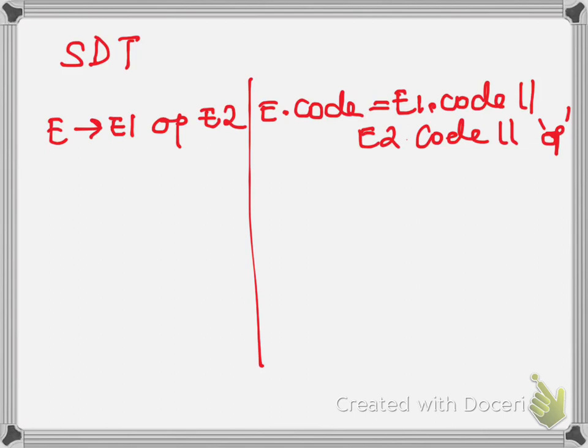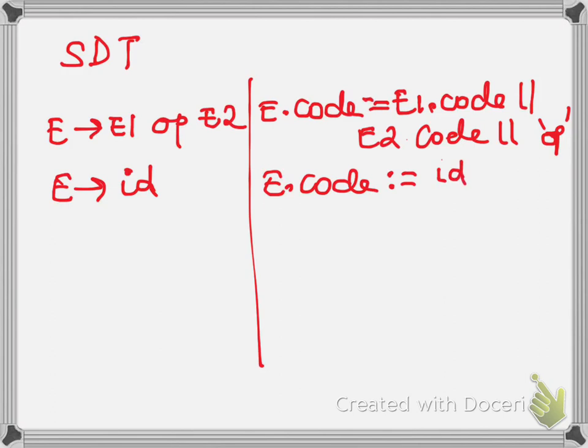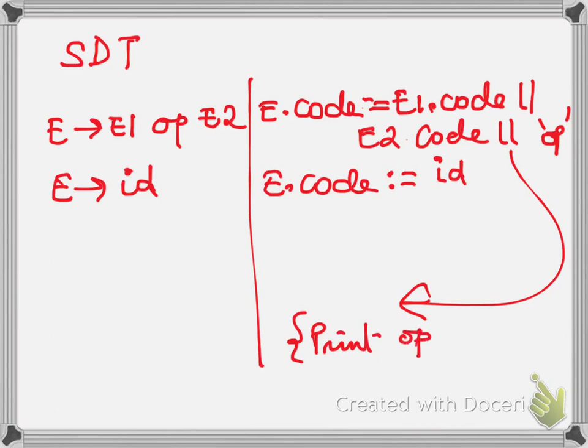And for E, I can have another production like this. The semantic action here would be E dot code is your ID. So this is assignment. And you can also associate program segments to perform each of these. Like for example, to do this, you just print the operator, because the code will already be generated by this one.